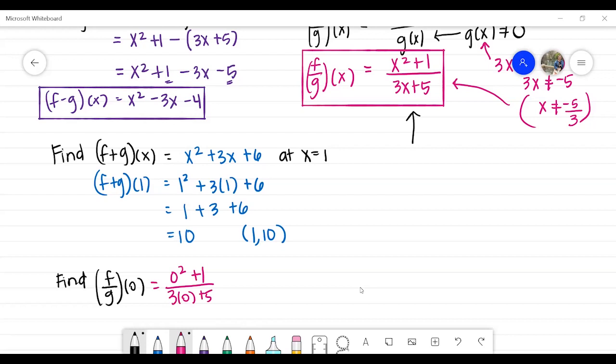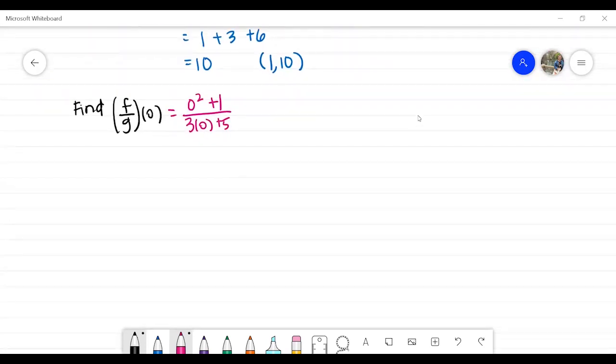And we're allowed to plug it in because it's not this value we took out of the domain. We can plug in anything else that we want, right? So 0 squared is just 0. So in the numerator, you've got a 1. 3 times 0 is also 0, so this is 1/5. So again, this gives you the ordered pair 0 and 1/5.